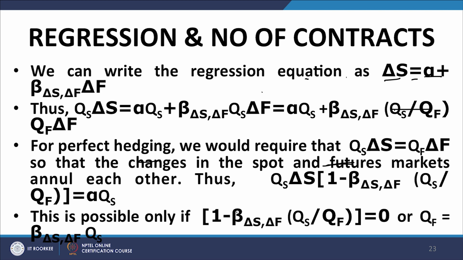Therefore, in order that the two be equal, we want this expression to be 0. That gives us 1 minus beta delta S delta F into QS upon QF equal to 0, or QF is equal to beta delta S delta F into QS, which was precisely what we arrived at earlier. The same expression we have arrived at through a slightly different approach.